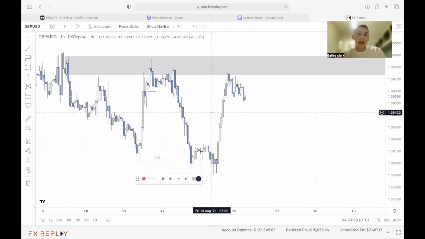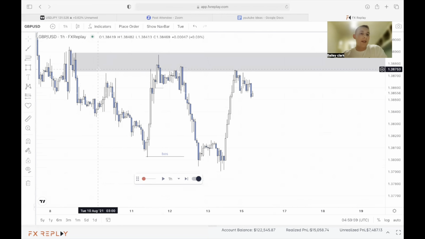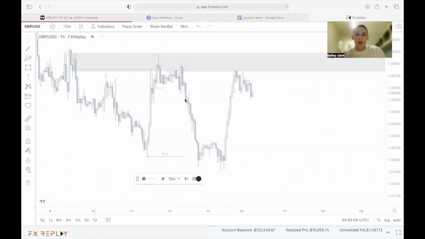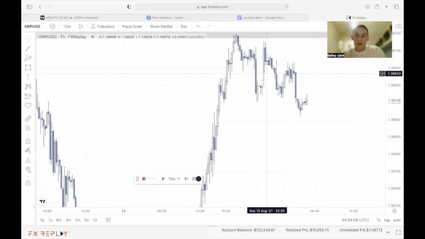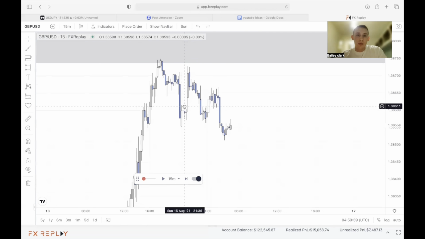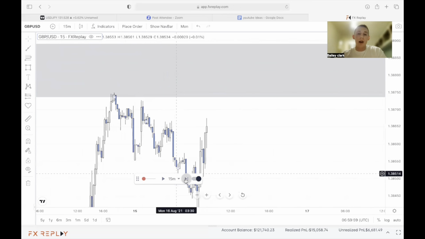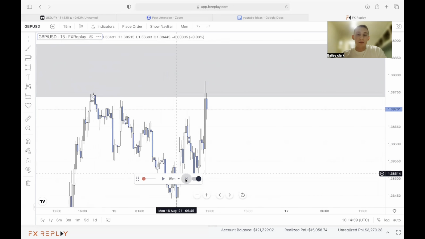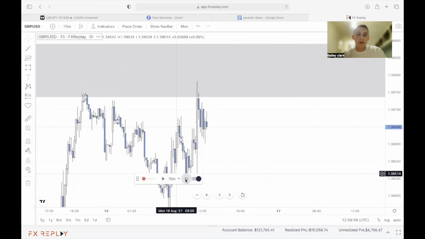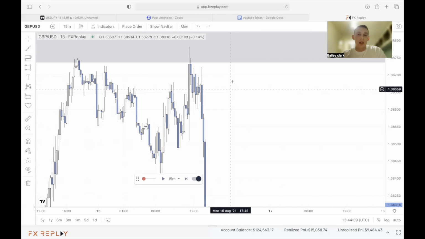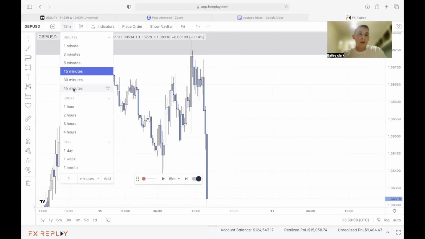This area here is still valid because price is still bearish, and this is the extremum supply of the current range. I think this touch here is probably inducement for price to come up higher first. Let's see. There we go. Right, so I think that was the real move.